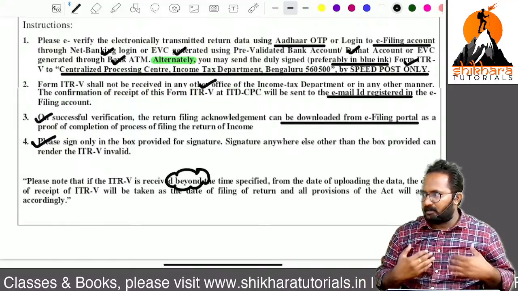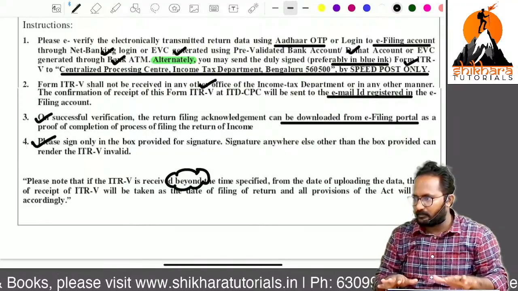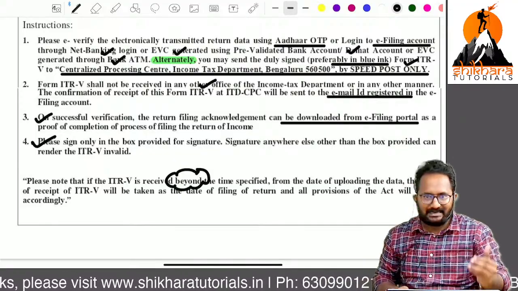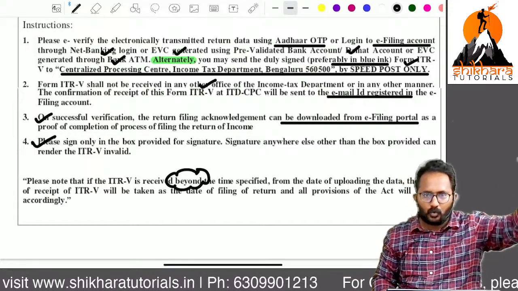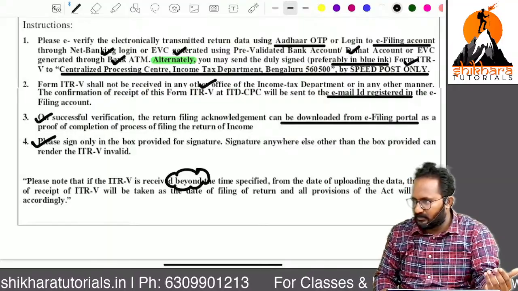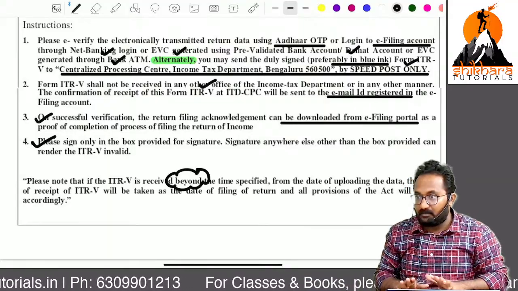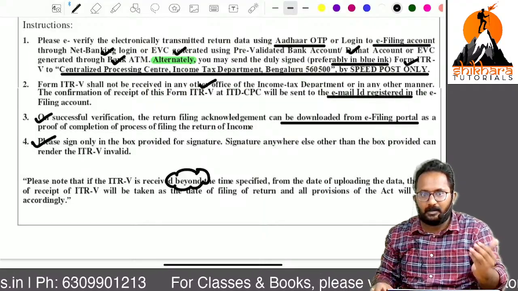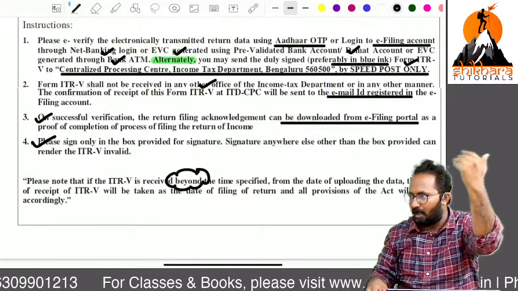Example: first, ma, as a CA, I will do the first filing of all ITR forms. On one day, Sunday or weekends, I will call all my clients and ask for the OTP for e-verification. If I am unable to do the e-verification, then I will send the ITR-V. But remember, this should be done within the prescribed period only. After the due date, within 60 to 120 days, the range will always differ, sir.